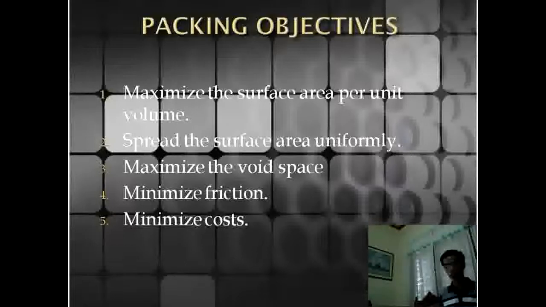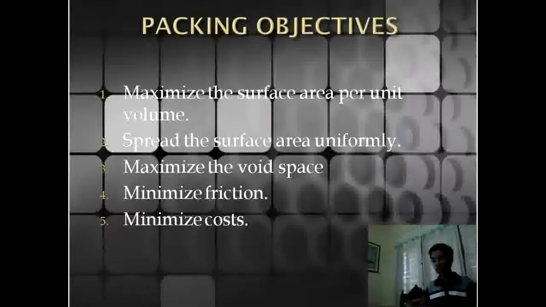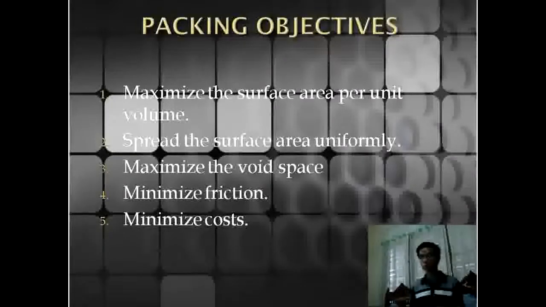Number 2, spread the surface area uniformly. Number 3, maximize the void space in the column. Number 4, minimize friction. And lastly, to minimize costs that will be used for the absorption.